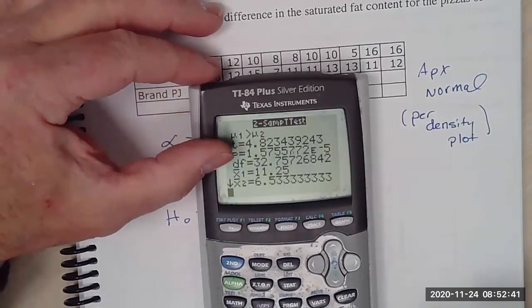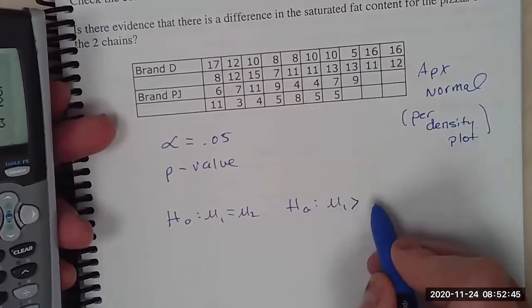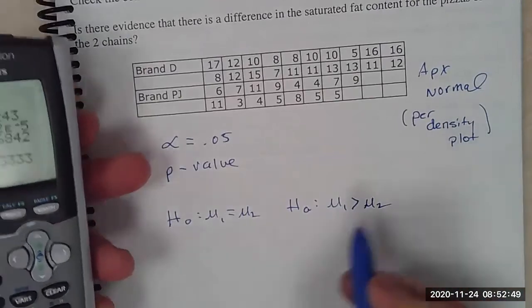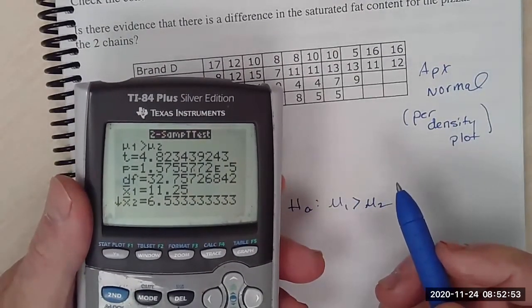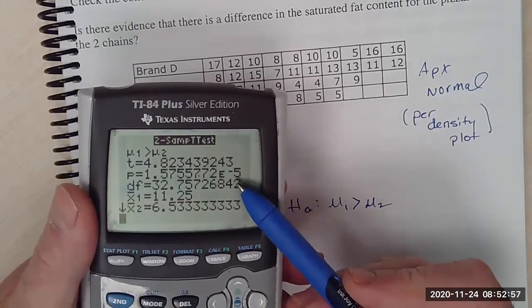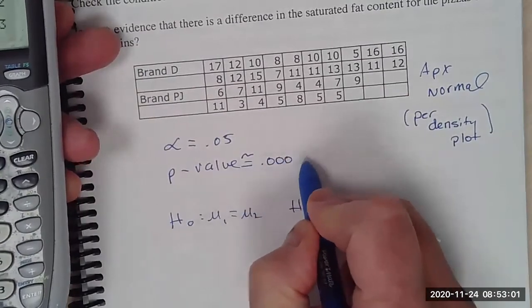P-value 1.57. Okay, so this looks higher than this. So p-value apparently looks like it's 1.5. Oh, but look at the E right there again. So that's going to be squiggle, 0.1234 zeros.